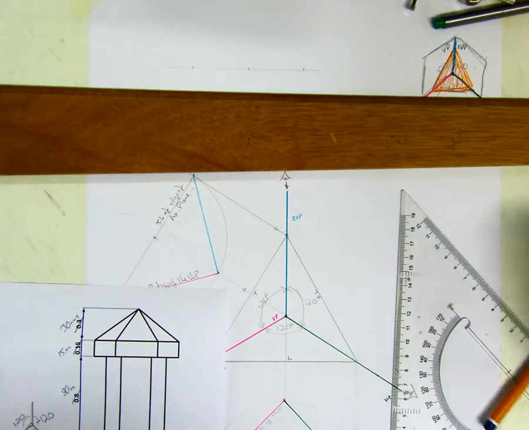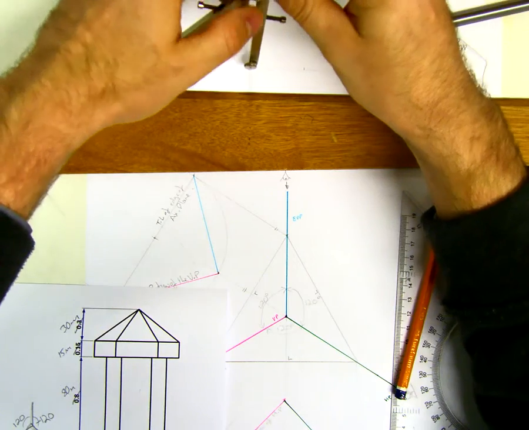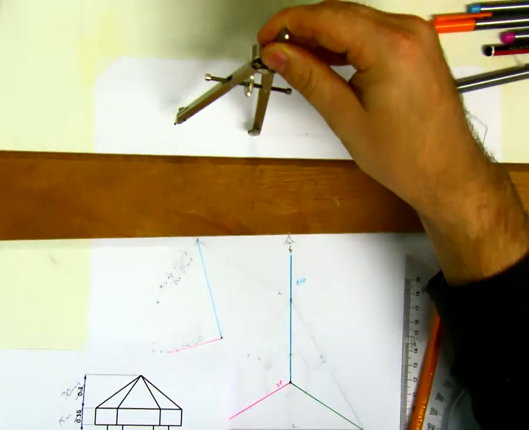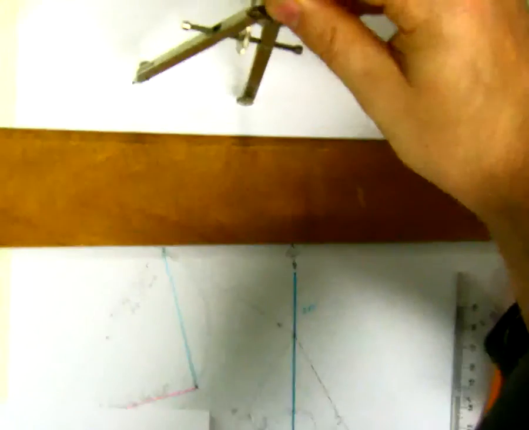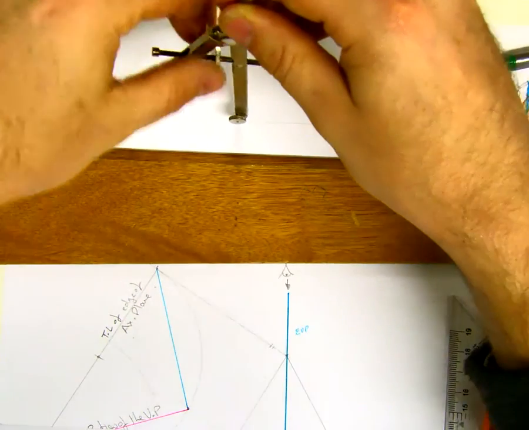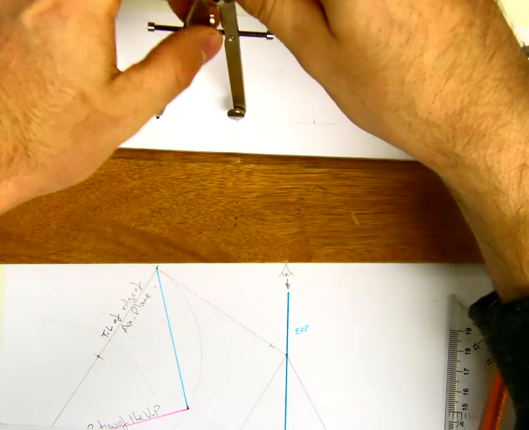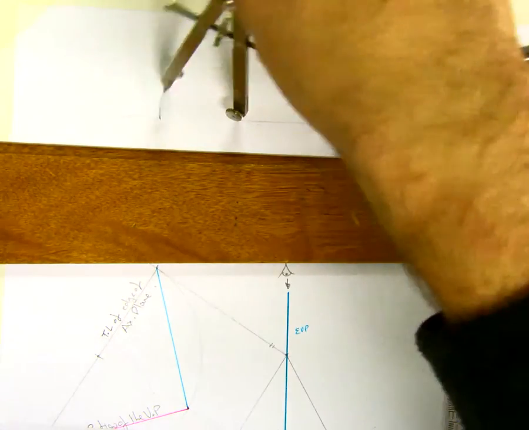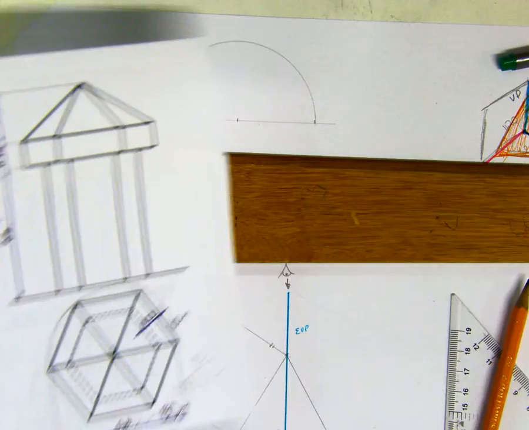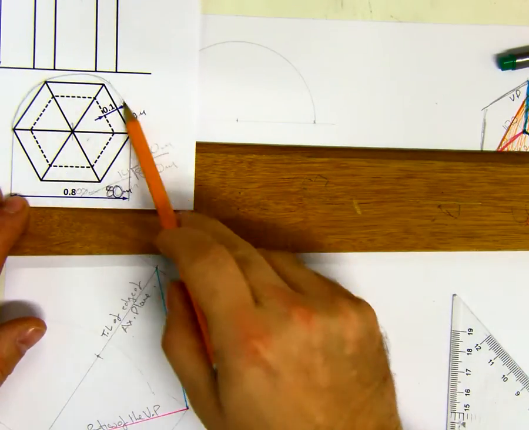If I swing a circle using that center point, the radius is 40. So using your compass, just swing a circle with the radius of 40. Okay, that's not too bad. It's easy enough, I think, for everyone. We can see here that this semicircle represents this semicircle here.